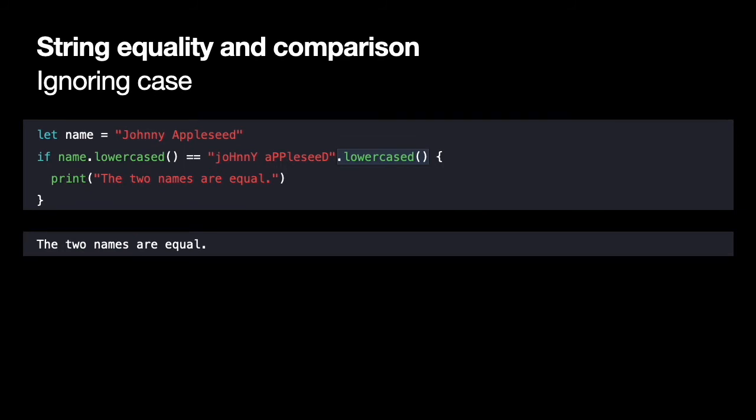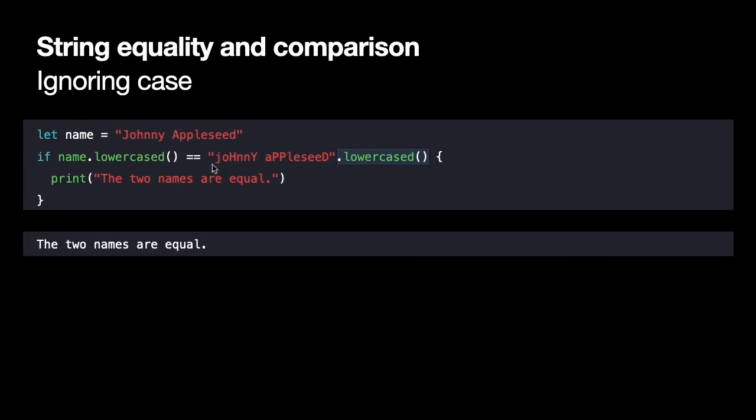If we want to test if two strings are equal ignoring case, then we can use the lowercase method on the string. In this case, name.lowercase is actually returning a new string, which is Johnny Appleseed, with every character converted to lowercase if necessary. Likewise, we could use the lowercase method on a string literal.